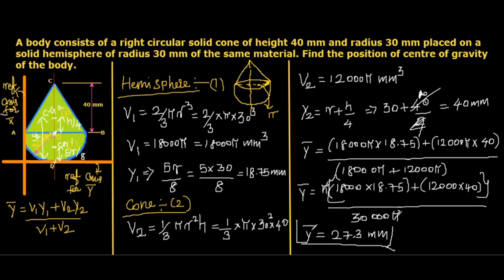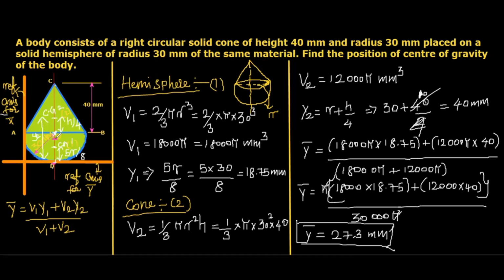So here you can see this is the value of y bar, the distance of center of gravity of the entire body from the reference axis for y bar calculation. That means this is the reference axis for y bar. It is at 27.3. From here to here, it is 30.